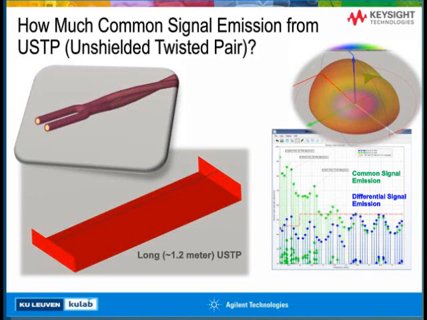As you can see here, it is already over the EMI compliance limit, which is the typical type of problem EMI EMC design engineers are looking for, to understand what is the problem with those cables for EMI issues.